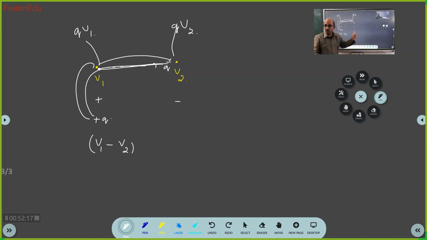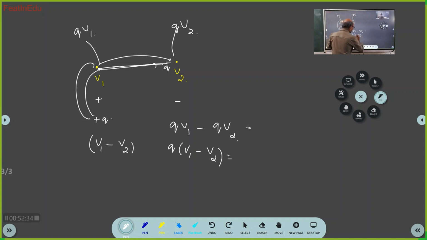What is the difference in the potential energy of the charge? qV1 minus qV2. What is this? The difference in the potential energy. Now you do the manipulation: Q into V1 minus V2. This is the difference in the potential energy of the charge since it has moved from here to here.